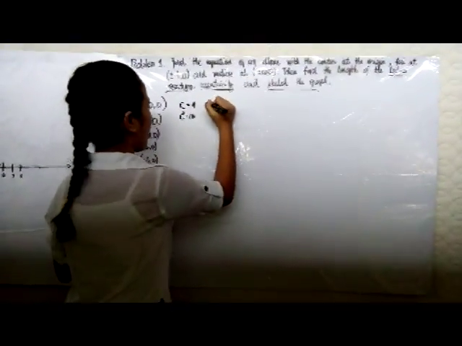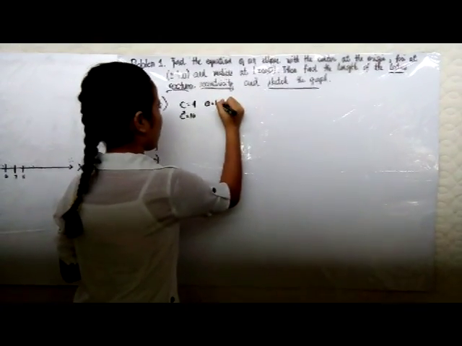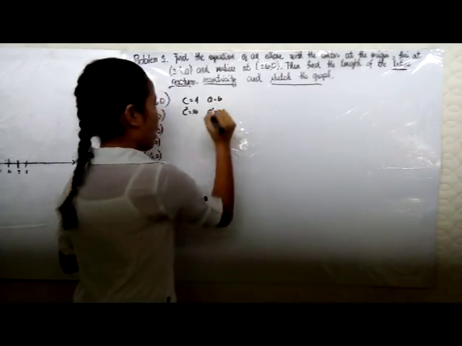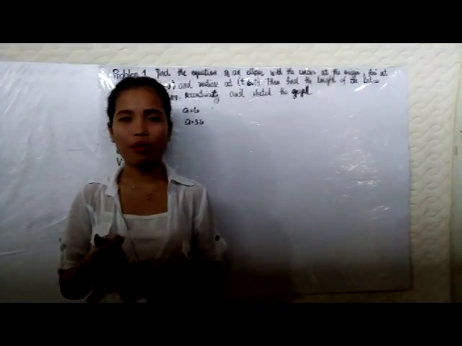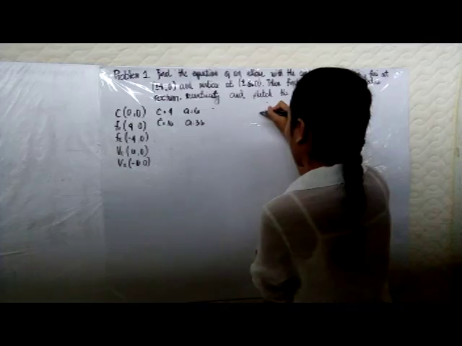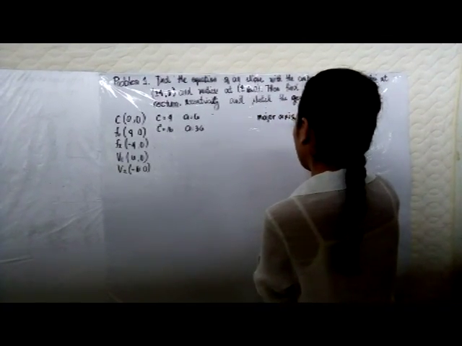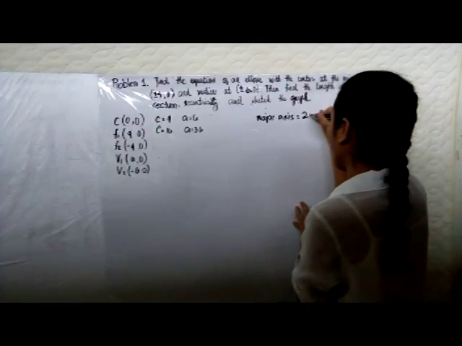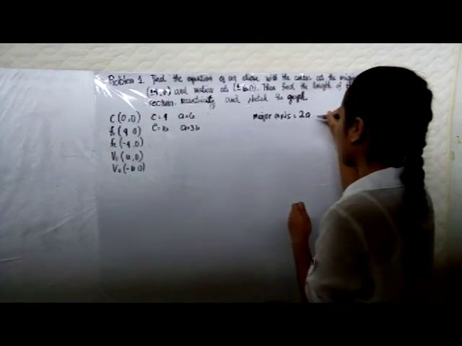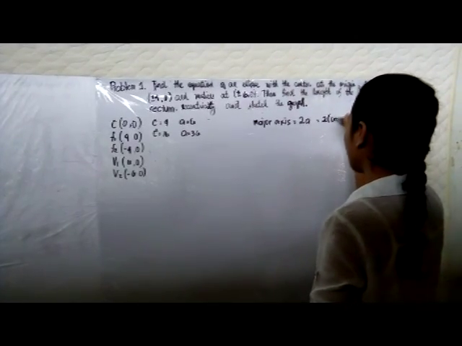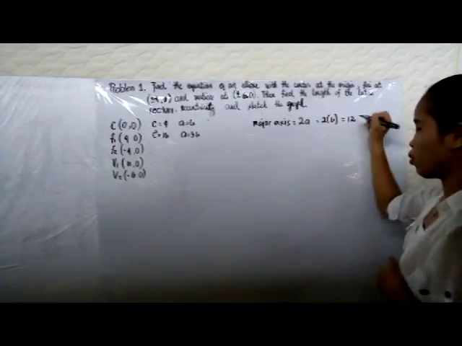So we have A equals 6, and squaring this, we have 36. Now, we have to find our major axis, which is 2A. Our A is 6, so 2 multiplied by 6 is 12.